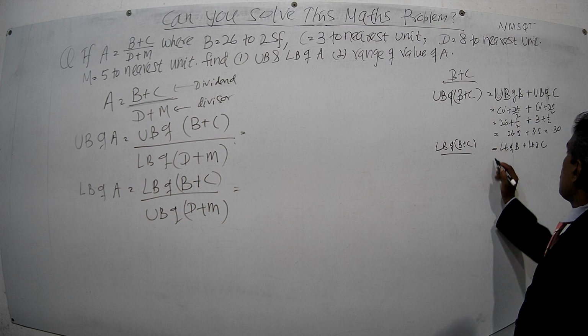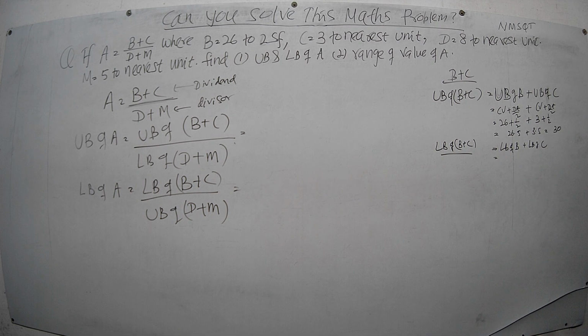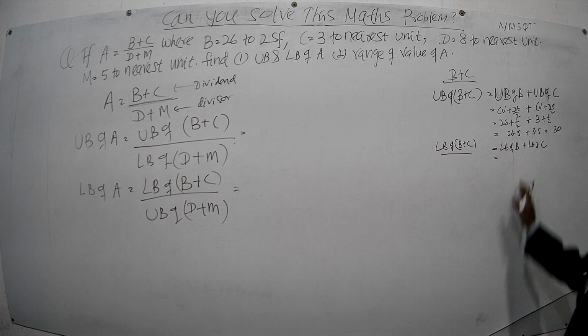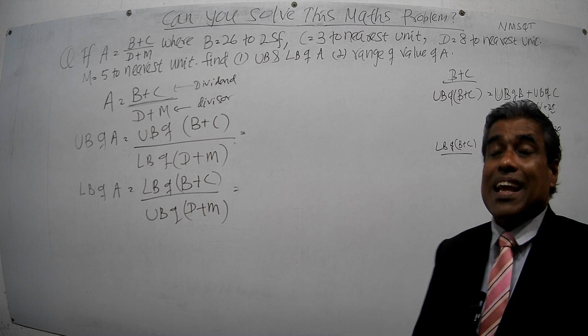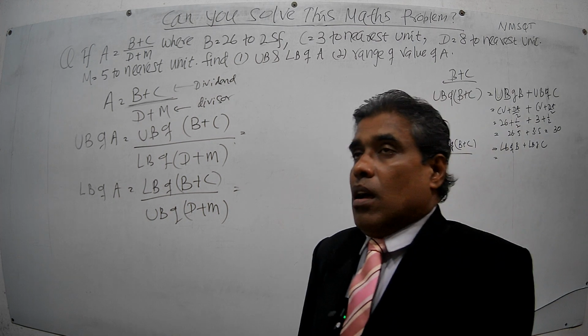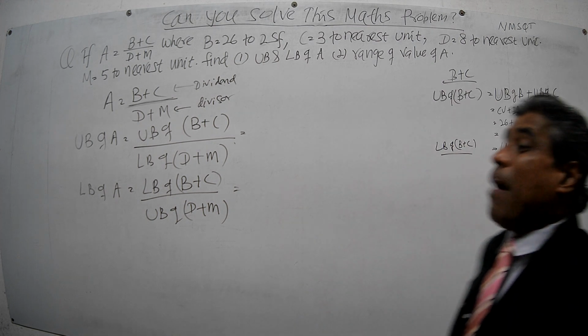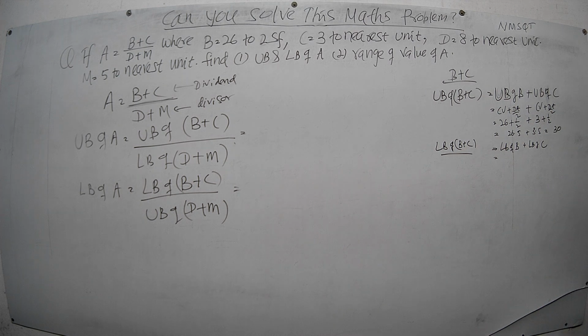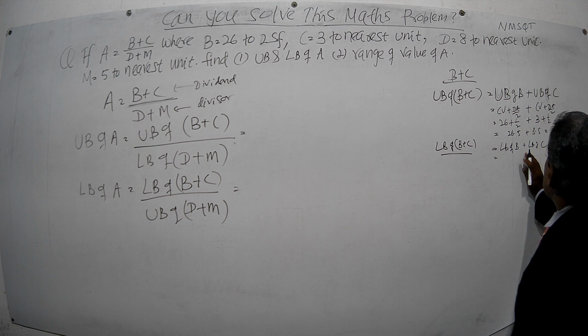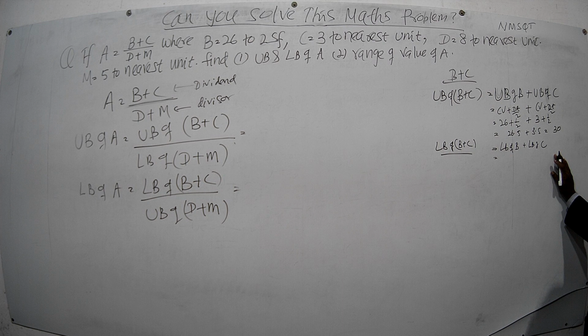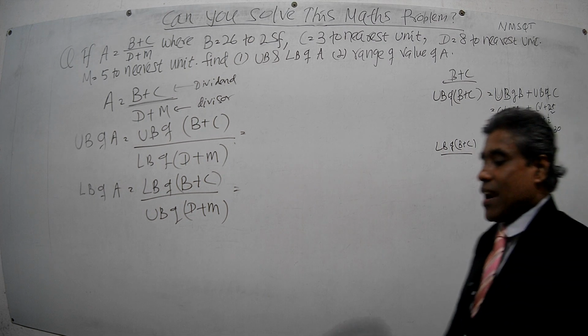Okay. Now what is the formula for finding the lower bound of a number? Lower bound of B means lower bound of a single corrected value. The general formula can be applied: corrected value minus degree of accuracy over 2. To find the lower bound of C also, we apply the same general formula.